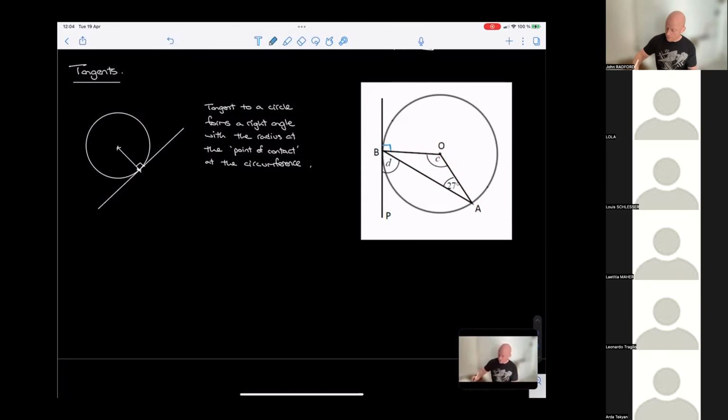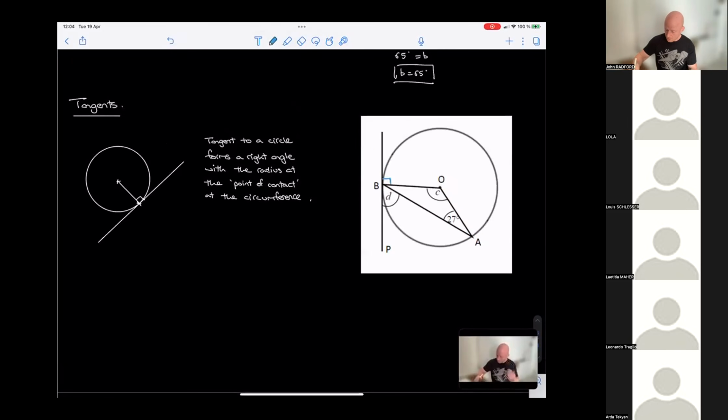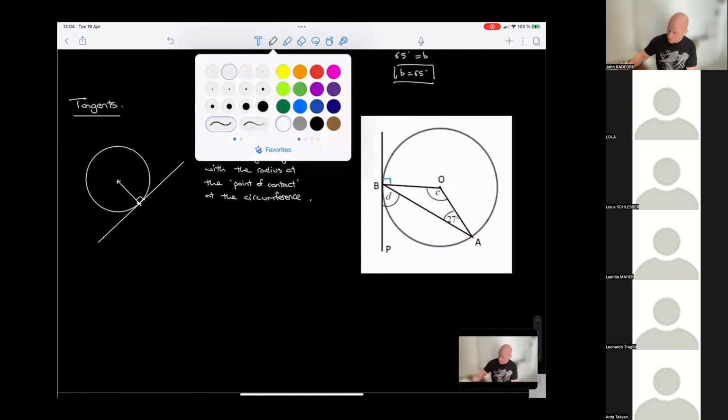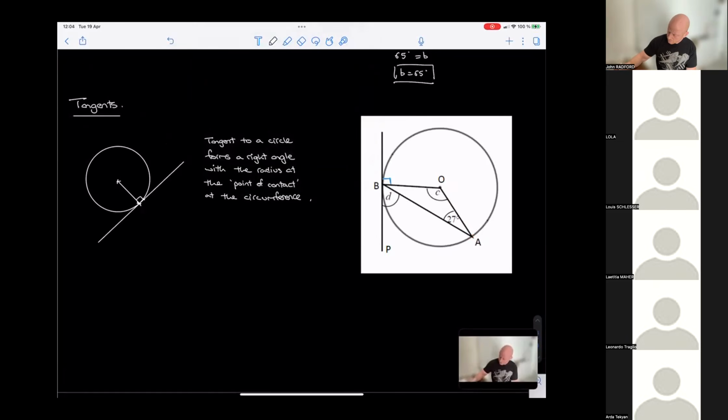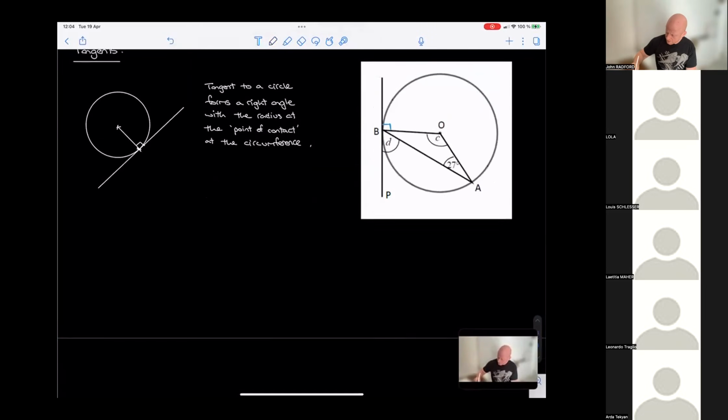But a quick reminder, if you have an isosceles triangle, I'll do it here, I'll write on the side, isosceles triangle.